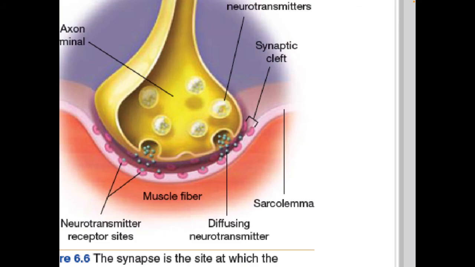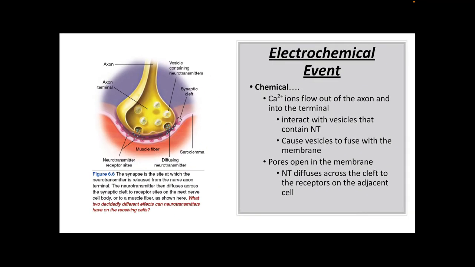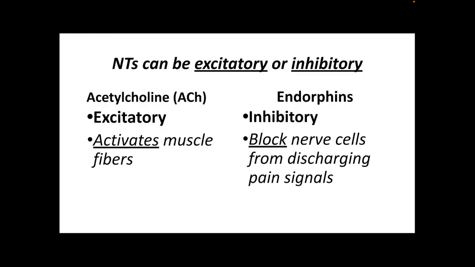The neurotransmitters are then released into the synaptic cleft, or the synapse. Once they're released, they will find receptors on either another neuron or a muscle fiber. In this case, it's a muscle fiber. And they will cause a reaction there or continue with the stimulus and communication.